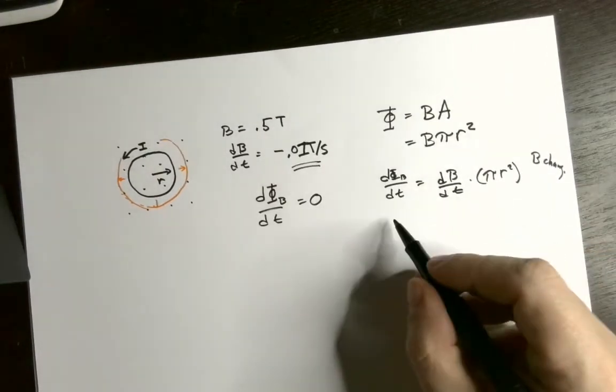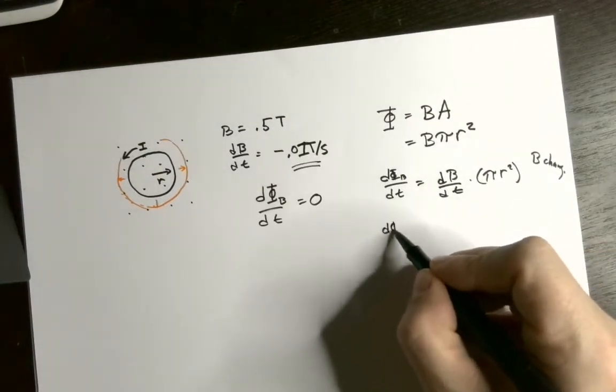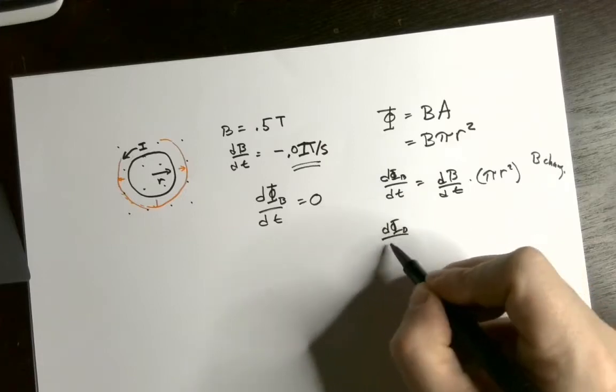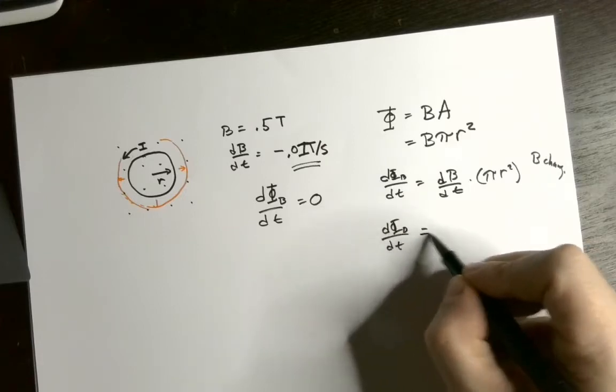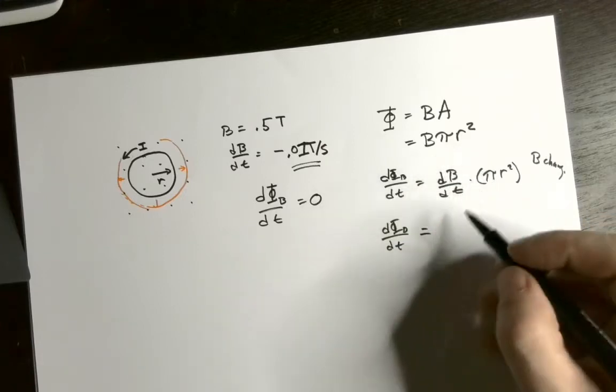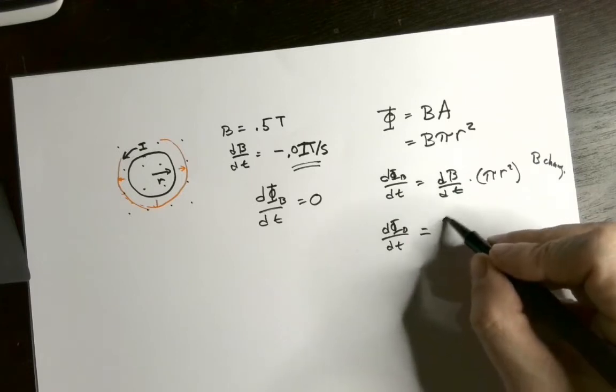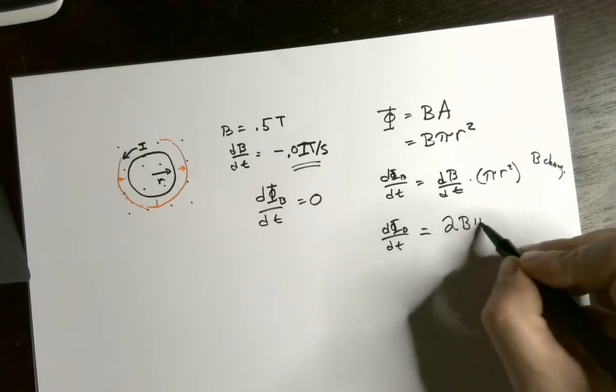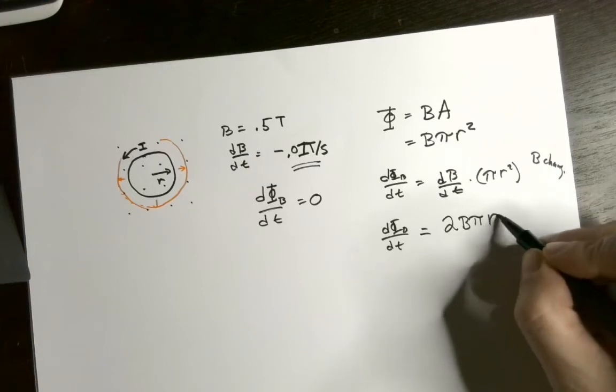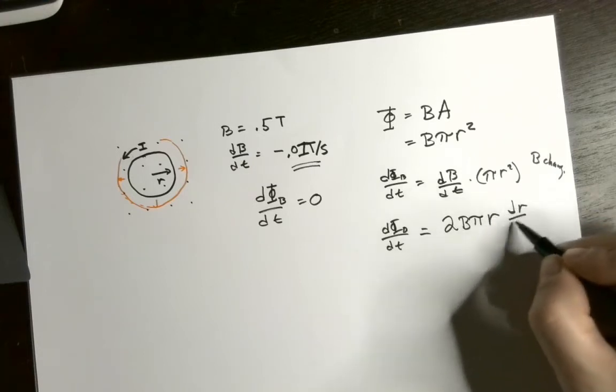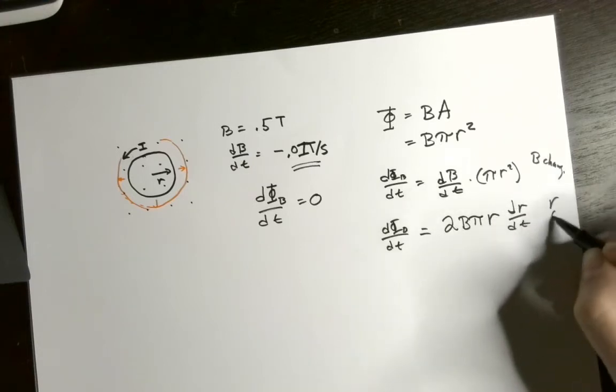If r is changing, the rate of change of the magnetic flux is equal to 2B pi r dr dt.